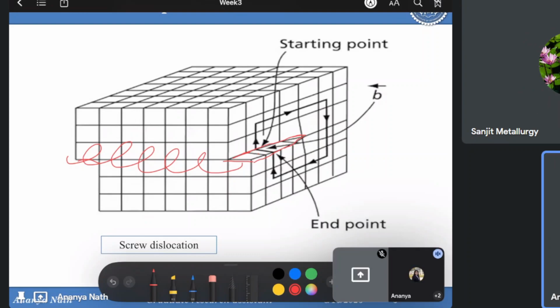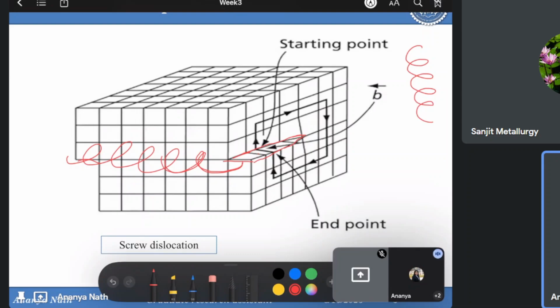You can call it gliding for edge, but for screw it's like a real spring type motion. Helical, yeah, that is helical motion. So it's kind of helical motion in case of screw.